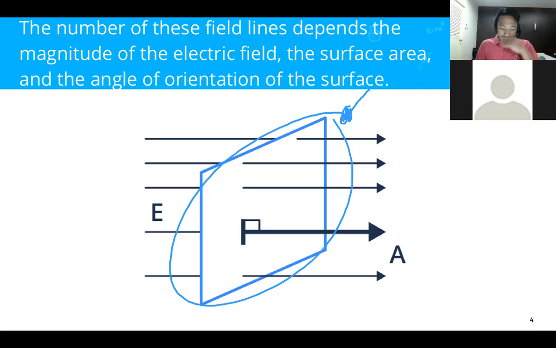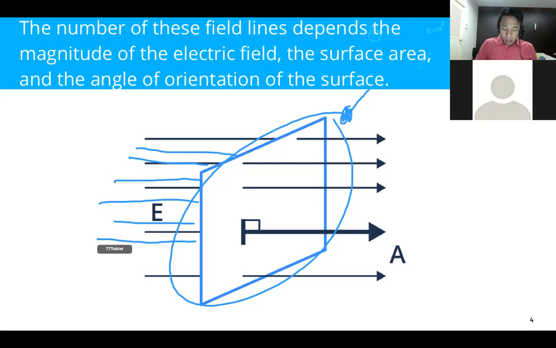Okay, so the electric field that passes through this surface depends on the orientation of the surface. Diba? Meron tayong tatlong main orientation of this plane, right?